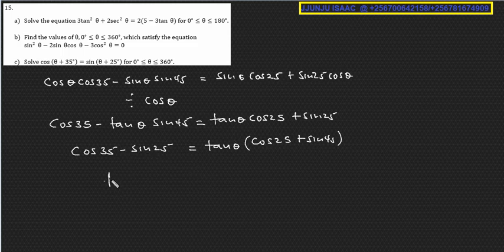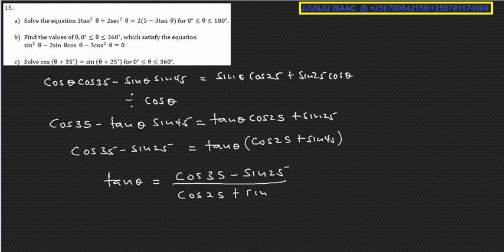So that means that tan theta is going to be cos 35 minus sine 25 divided by cos 25 plus sine 35.